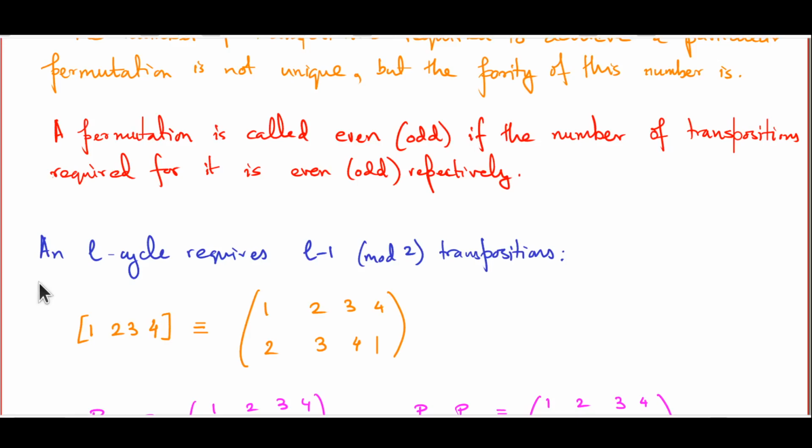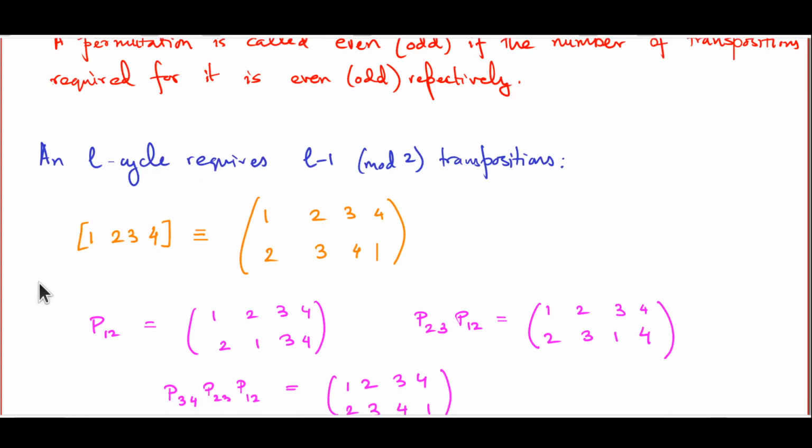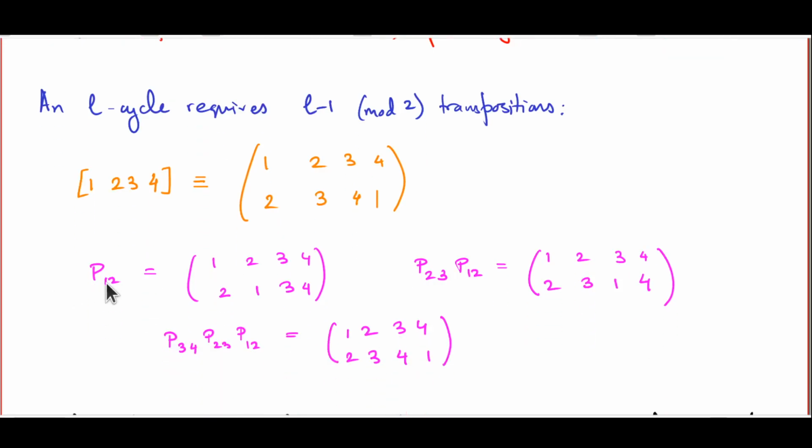If you focus on a single cycle, it's easy to see that an L-cycle can be achieved using L-1 transpositions. For example, if you want to achieve the cycle (1 2 3 4), which changes 1 to 2, 2 to 3, 3 to 4 and 4 back to 1, you can achieve that by first switching 1 and 2.